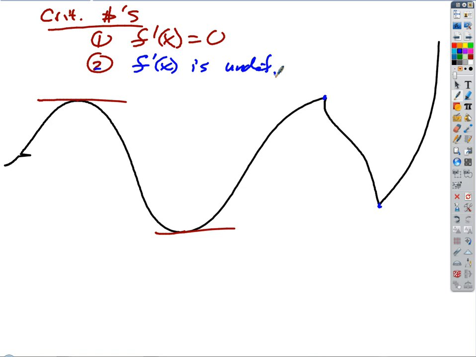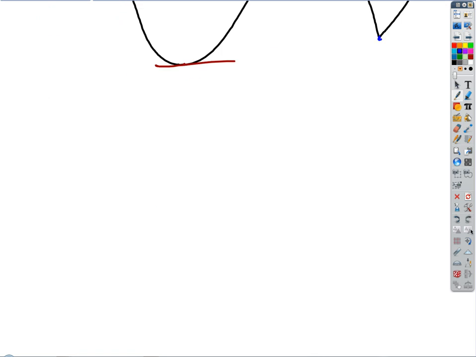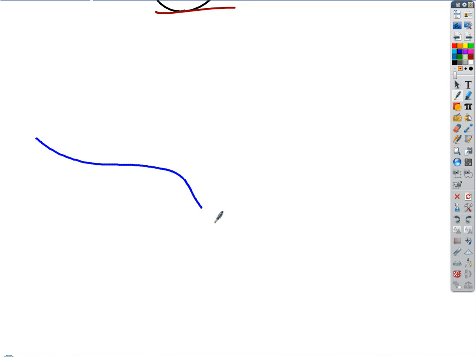We could have something like, for example, I think we drew a picture like this, where we have a horizontal tangent, but it never actually turns up on the right side and becomes a valley, right? That's what we call a point of inflection. Okay, so sometimes critical numbers will be false alarms, but every extremum has to exist at a critical number. So if we can just locate the critical numbers, then those are the only places that we need to check for relative extrema, right?